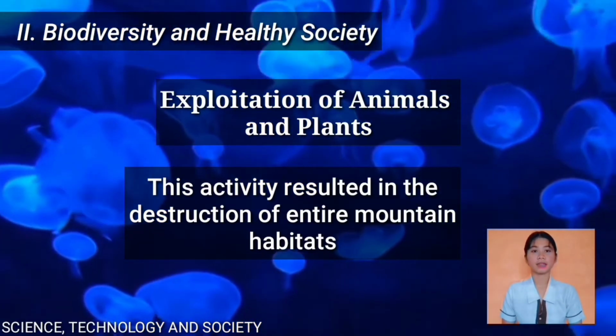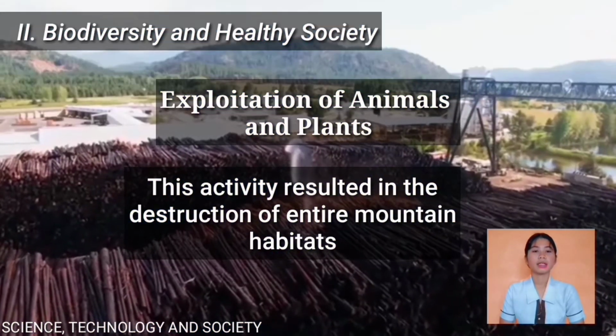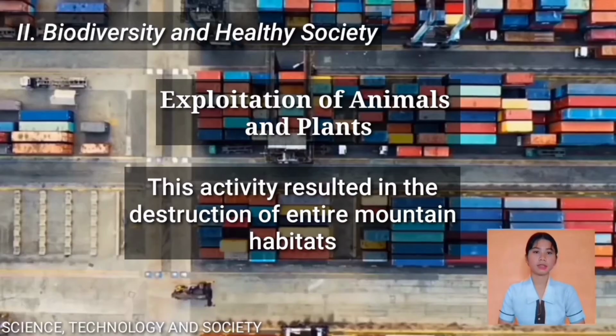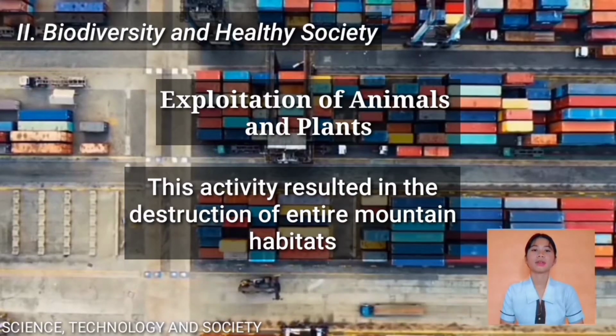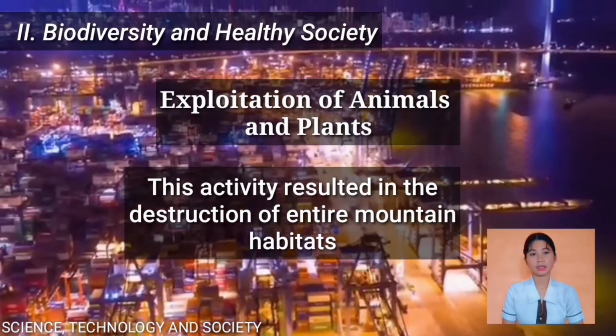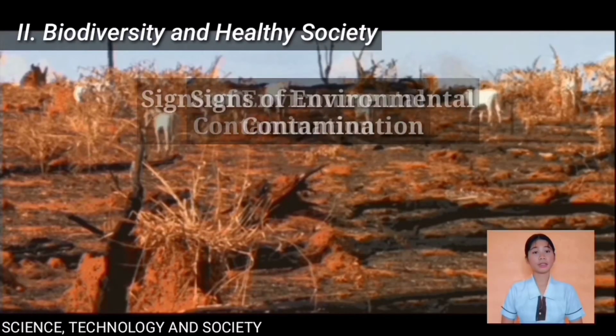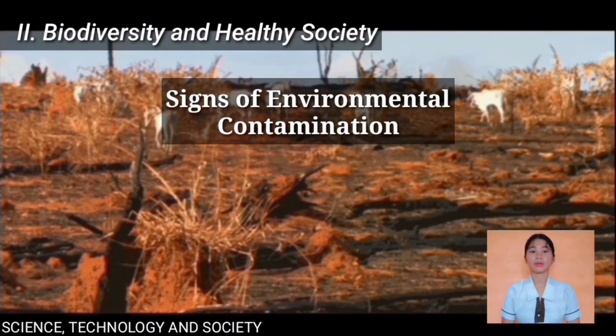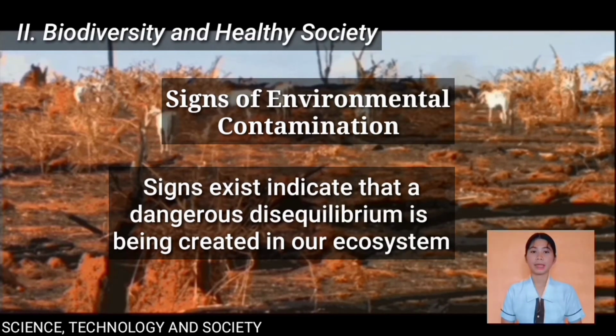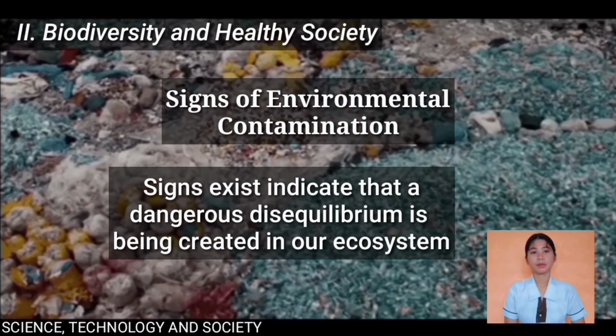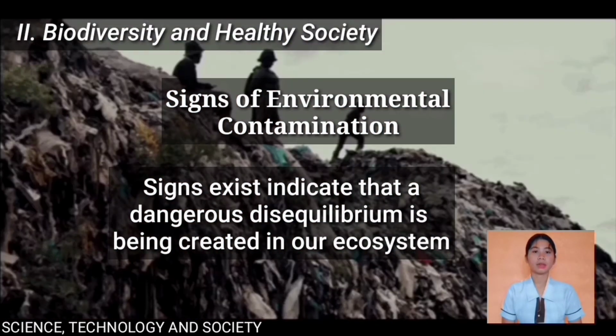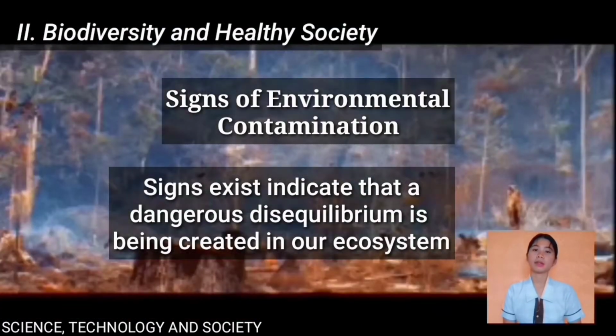The harvesting of these hardwoods is used for industries, and so it loses the biodiversity of that certain ecosystem. Another situation that threatens biodiversity is environmental contamination, which means there is no balance in our ecosystem, maybe because of the loss of plants, animals, and other species.